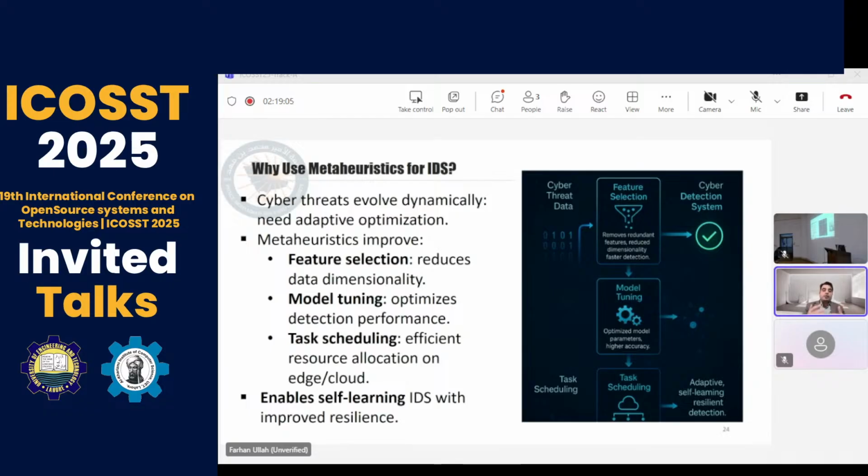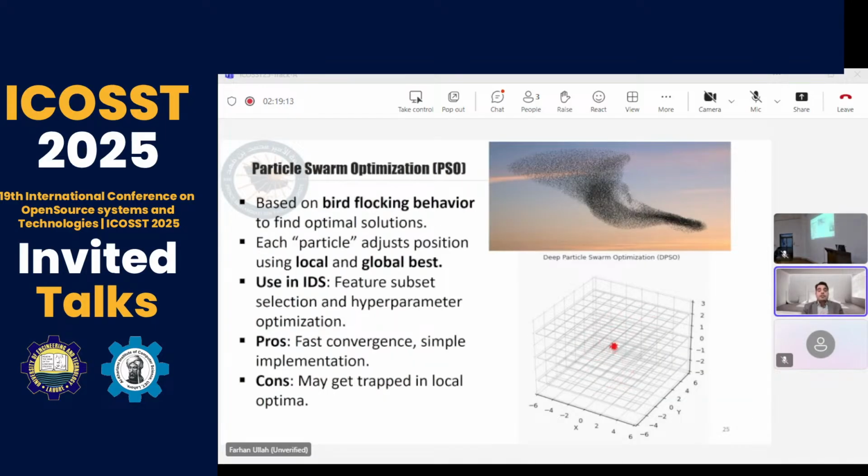Okay. So either we can go for feature selection, or model tuning, or task scheduling. Now, the first one is particle swarm optimization. It's like bird flocking behavior. Each particle adjusts its position using the local and global best. So they can move like a bird flock and find the best features.